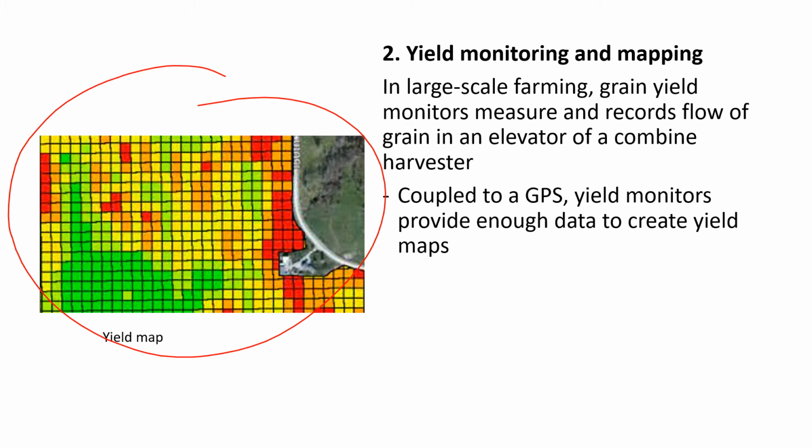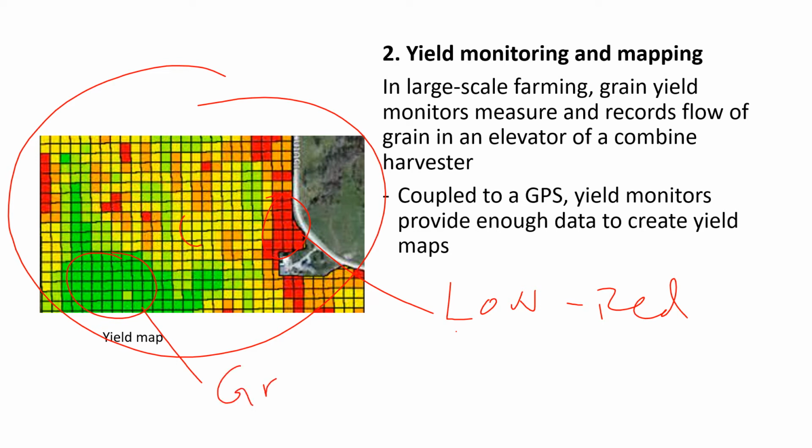So you could see that you have areas where you have very low yield and they are indicated in red, and you have areas where you have good yields and they are indicated in green.